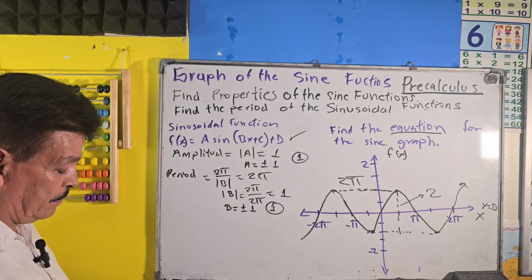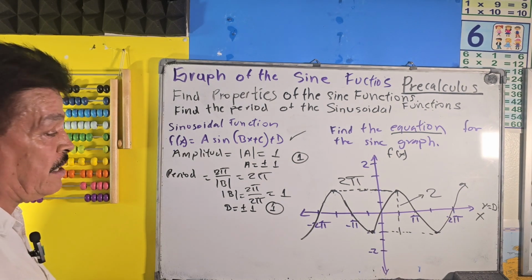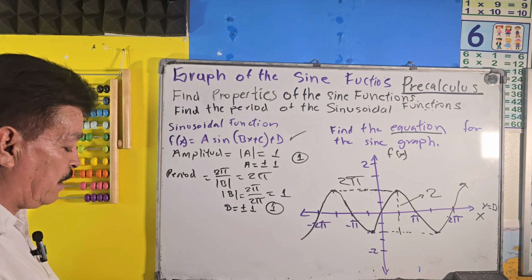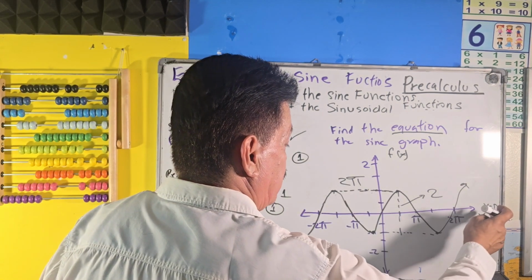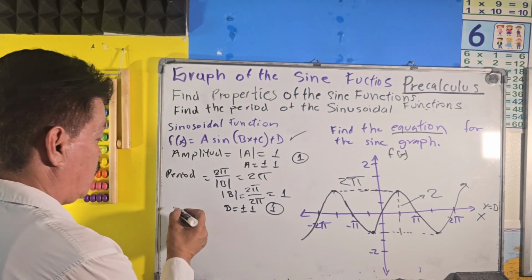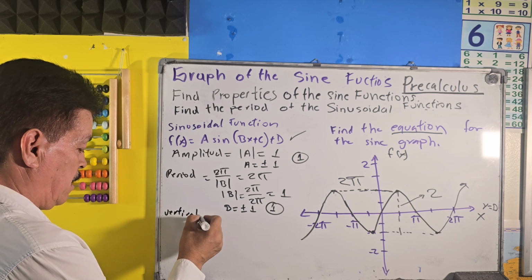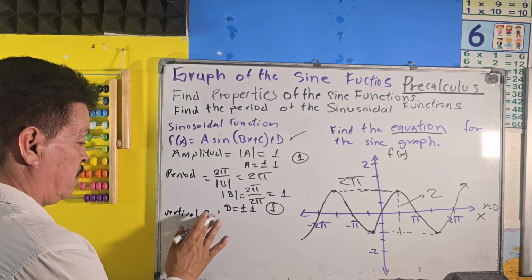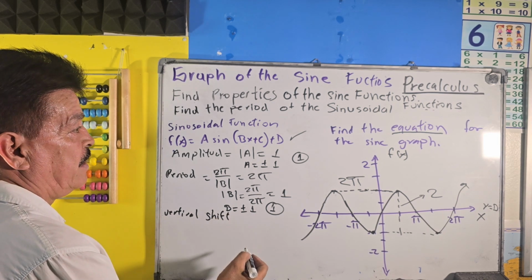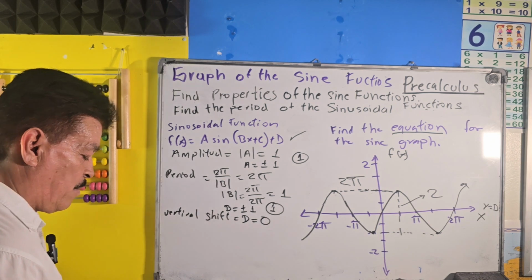So next we have to look at the vertical shift. What is the vertical shift? Vertical shift is right here. y equals d. So d is equal to 0. Vertical shift is d equals 0, right?